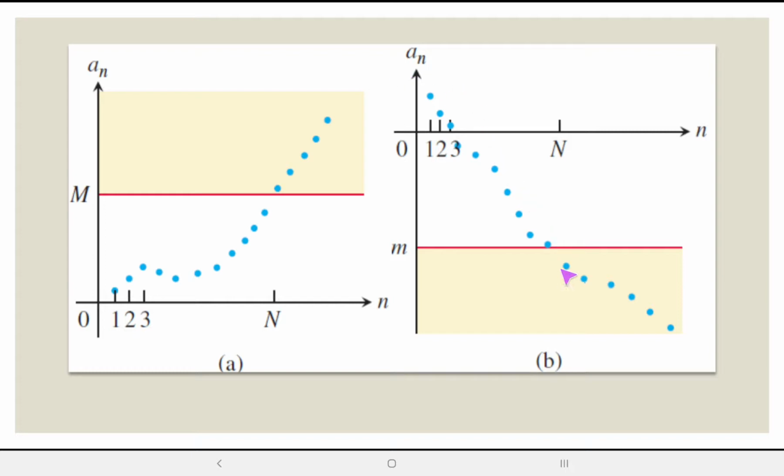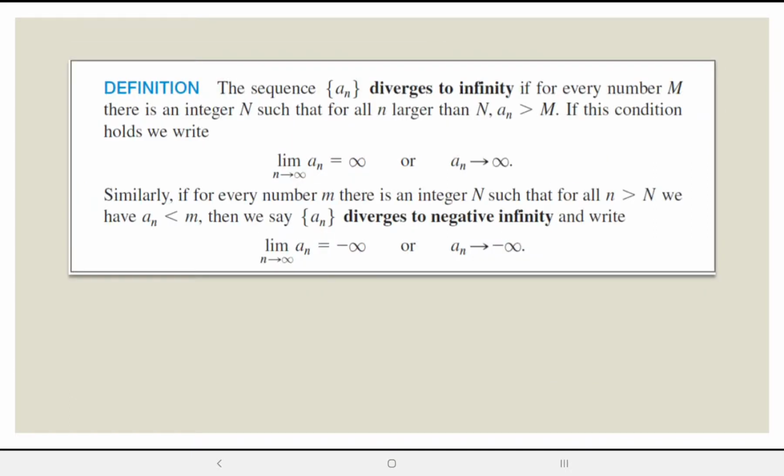Same goes with this one, pag negative infinity naman. There exists a small m such that mananatiling mas mababa dun sa m na yun. Now, in this case, we say that it approaches negative infinity as n approaches positive infinity. Yun lang gusto niyang sabihin doon.